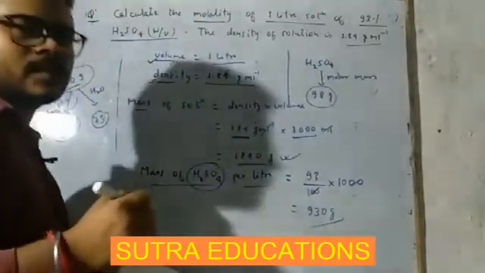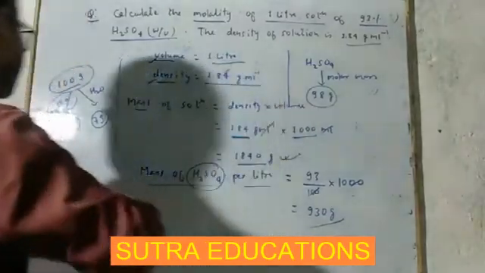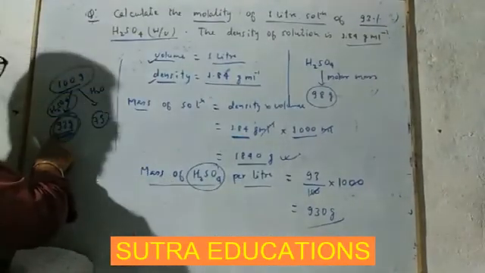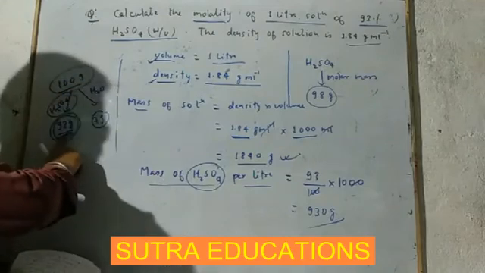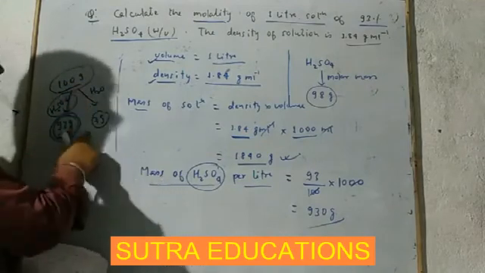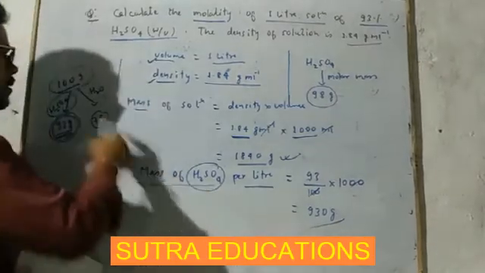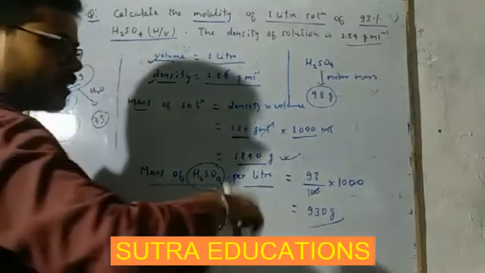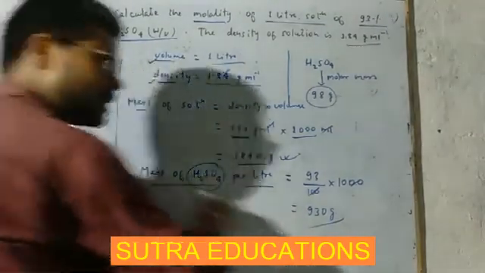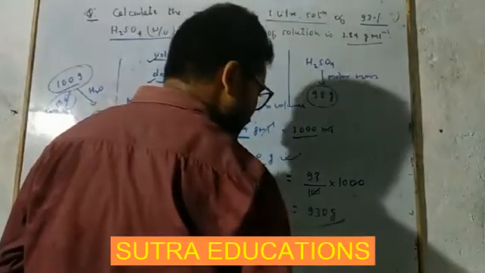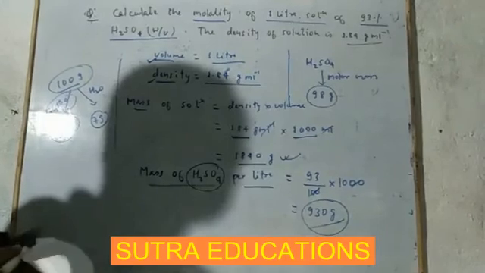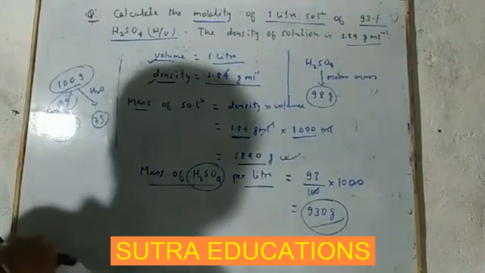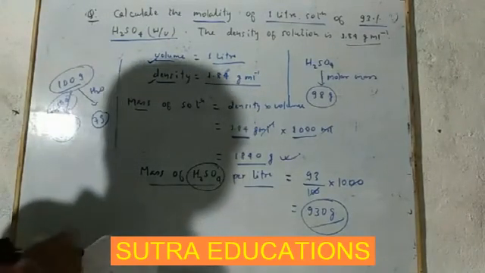Getting this? Means in 100 gram solution, 93 gram of H2SO4 is there. So in 1 liter, means 1000, it will be 93 upon 100 into 1000. Sorry, I was making a mistake. Now we have calculated H2SO4, it is 930 gram.